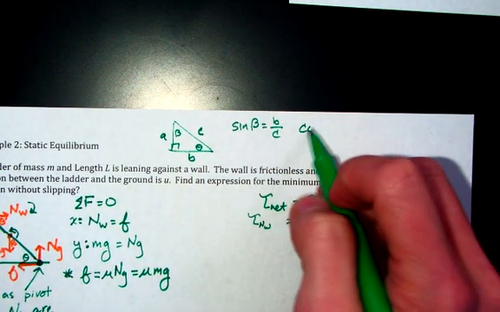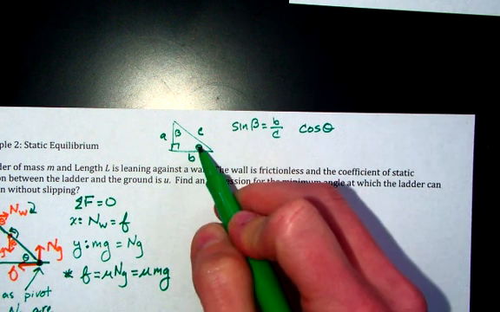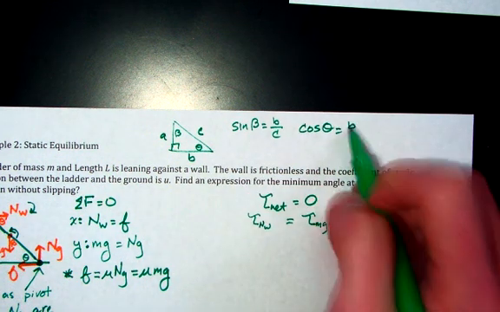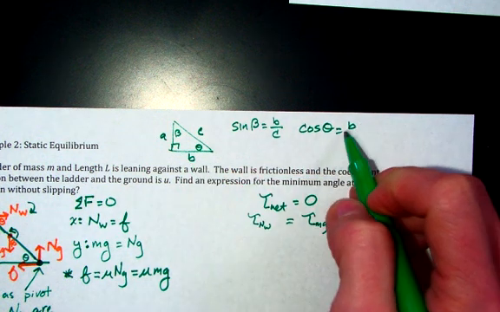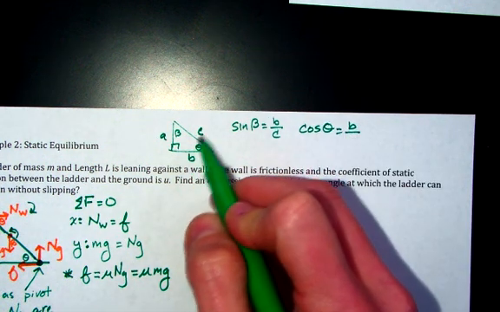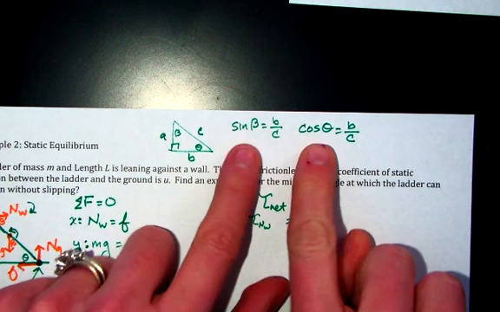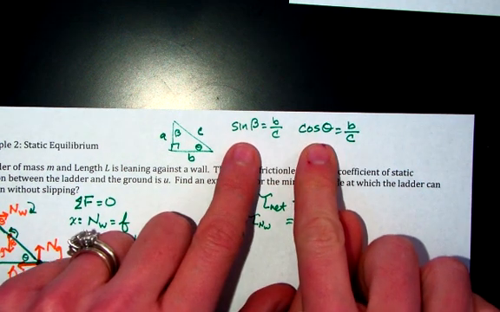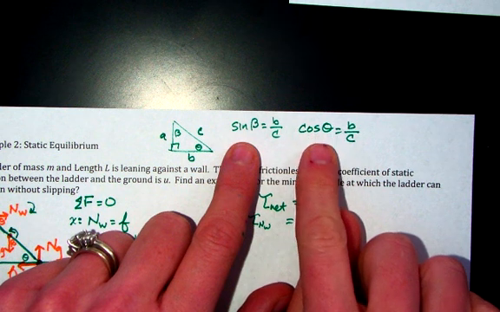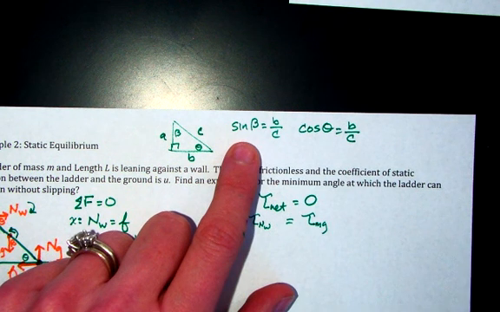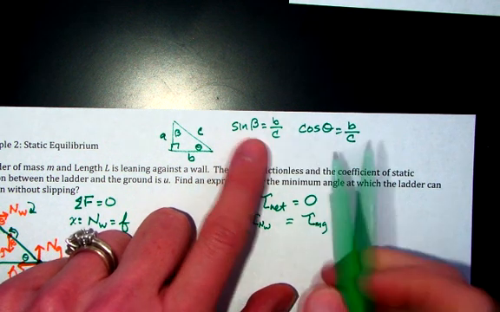If I'm doing cosine of theta, here's theta, cosine is the adjacent side, which is B, over the hypotenuse, which is C. So that means sine of beta has to equal cosine of theta. In a right triangle, that's always going to be true. Sine of one angle is cosine of the other angle. Anytime you have complementary angles, that's the situation.